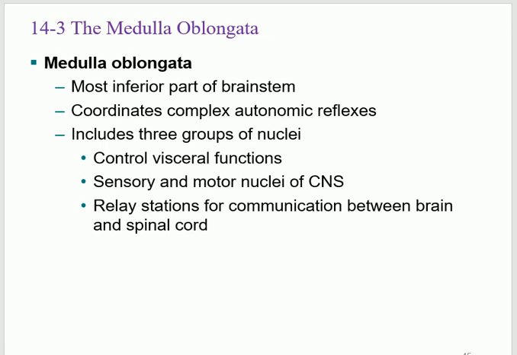Just to make it easy for you, listen, for each one of the three parts of the brainstem, the number one function is the same in all of them. It's all about location. Like this is the midbrain. Where is it located? Under the diencephalon. So what's the function? Connect the diencephalon to the pons.